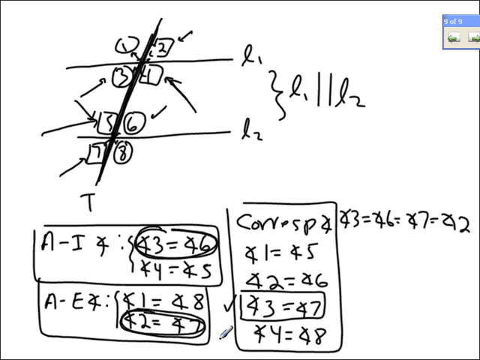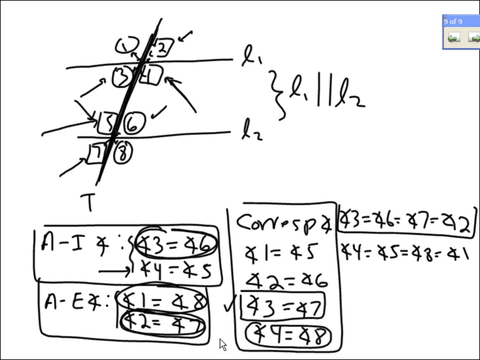But you know what? Angle 4 is the same as 8. Keep in mind 4 and 8 are the same. But we know that angle 4 also equals angle 5. Oh, look at that. Angle 8 equals 1. You only have 2 different angles going on.